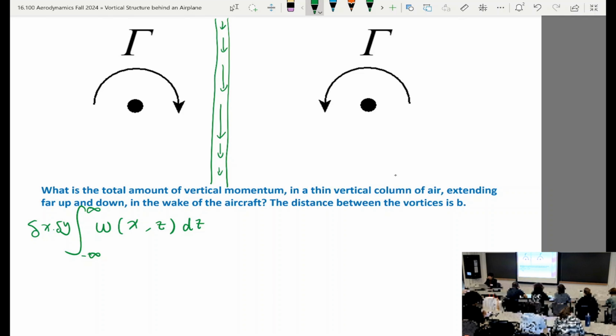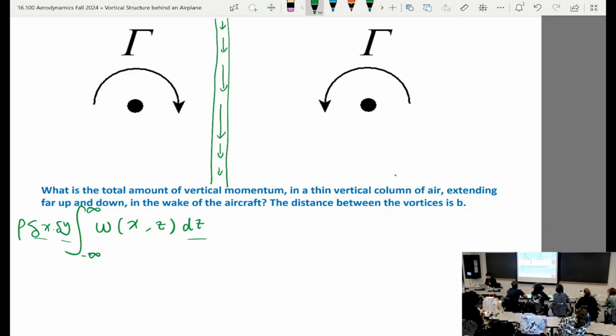So dz times delta y delta x is the volume, and this is the velocity. If I multiply by rho, that is how much momentum I get in a small vertical column of area delta x times delta y.